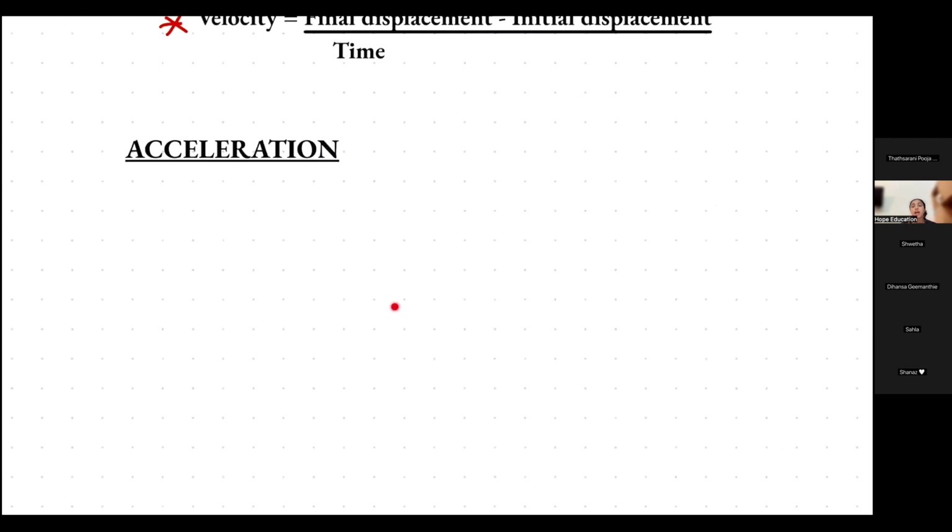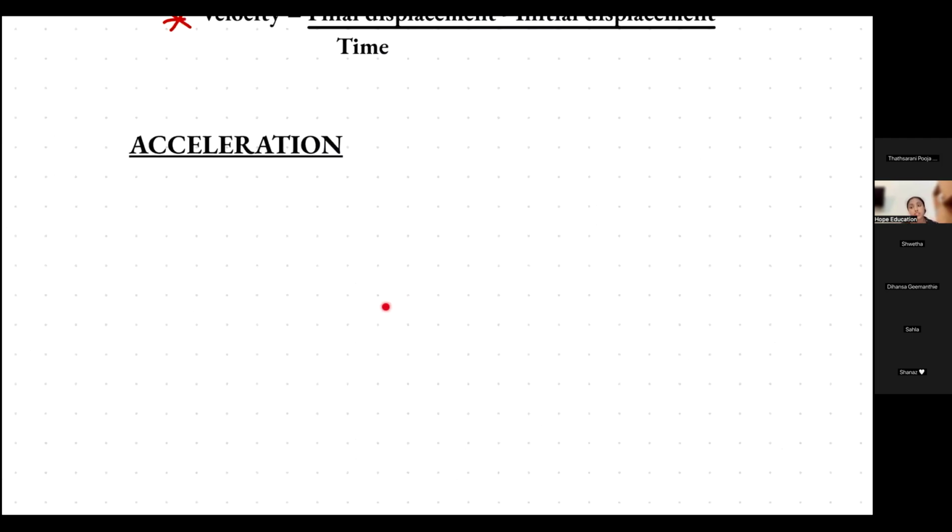Now in this part we are going to learn how velocity changes with time. So let's write a small part and then I will do further explaining.